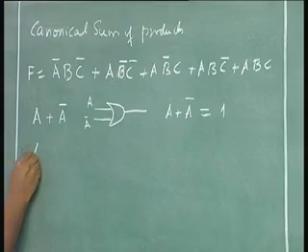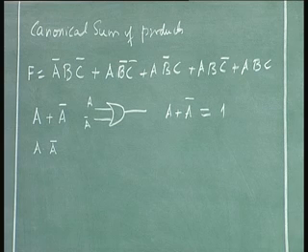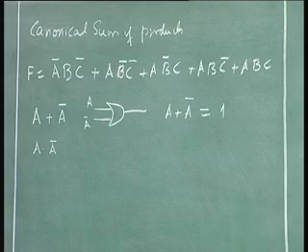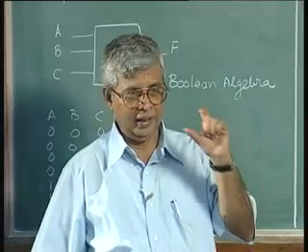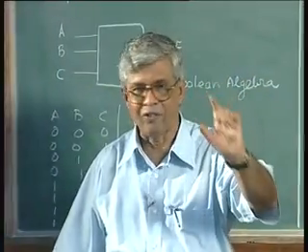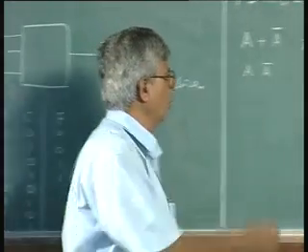Similarly, I can have an AND combination of a variable and its complement. The output has to be 0, because in an AND combination, only when both the inputs are true can the output be true. I am giving the variable and its complement as inputs, so one of them has to be necessarily false, and the output has to be necessarily false.